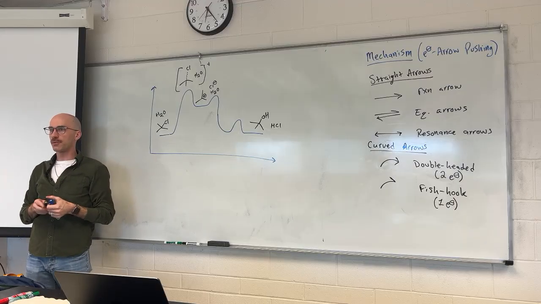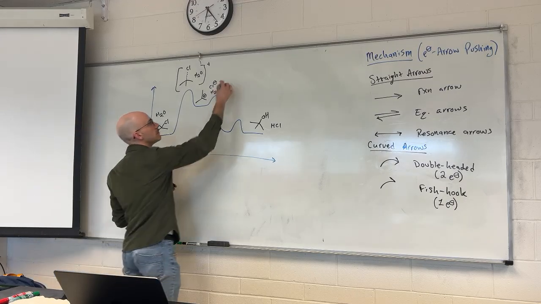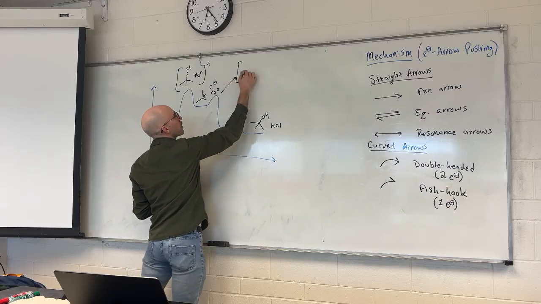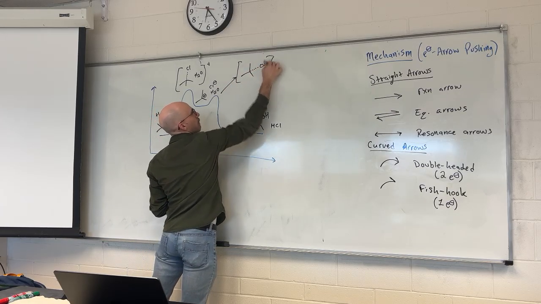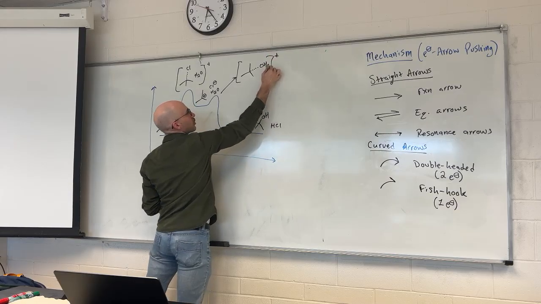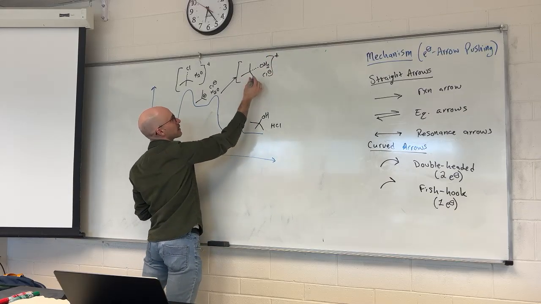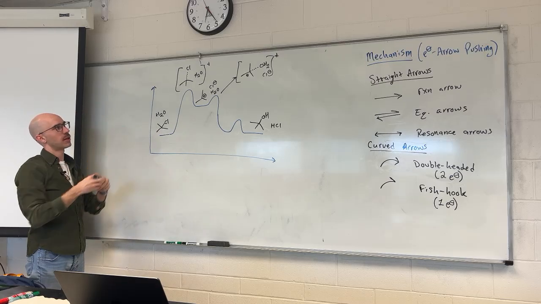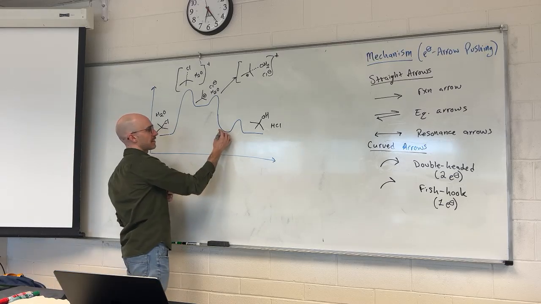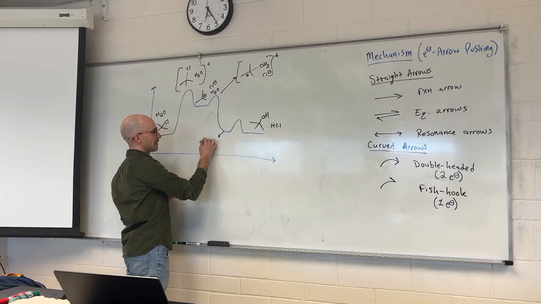It's a reactive intermediate. What's the next thing that happens? The water bonds to the carbon. And again, chloride might not be shown there because it's not really a part of this, but now a bond is forming between carbon and oxygen. And that gets me down to my last intermediate.